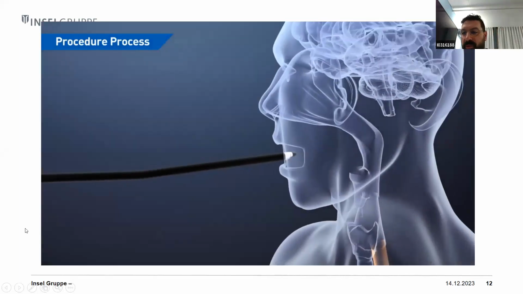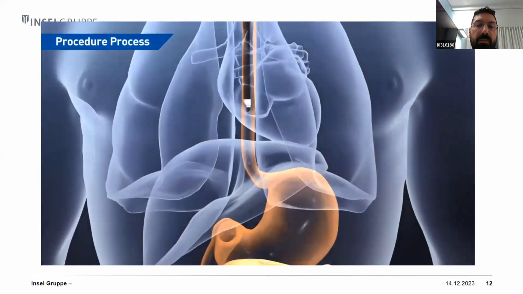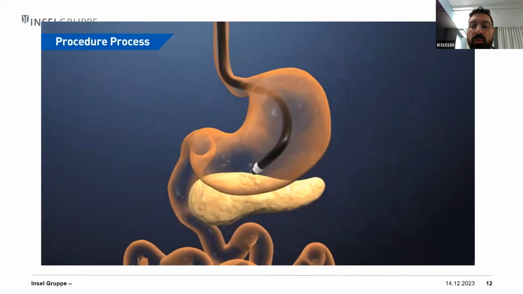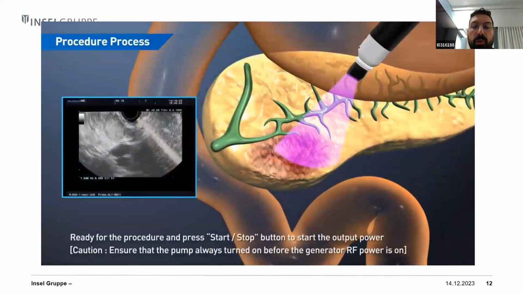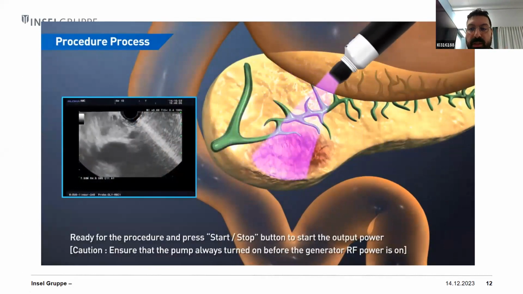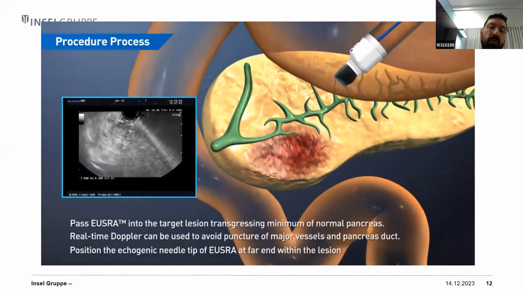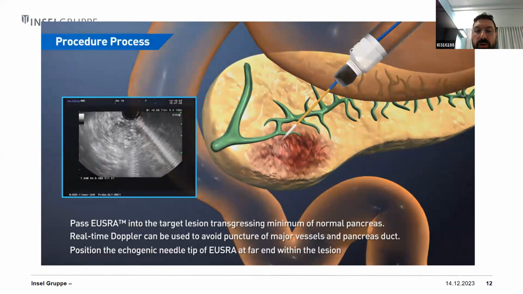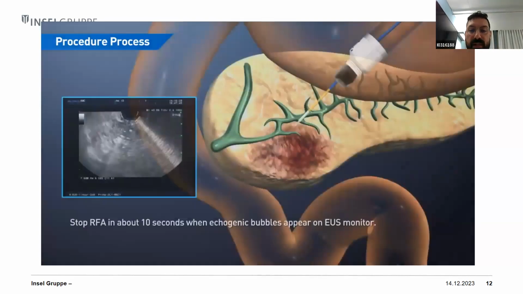So you start by performing regular endosonography, as you would to do FNA, for example. You have a direct endosonographic visualization of the lesion. Then you use the RFA needle as you would use a 19-gauge FNA needle to puncture and enter the lesion with the metal catheter.